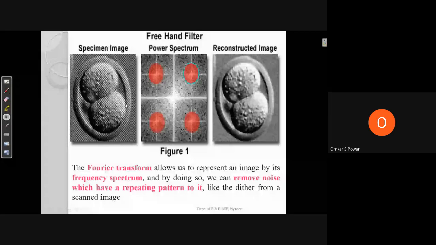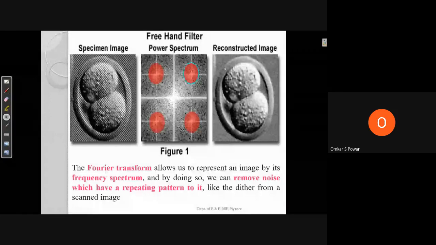In this FFT, there are components which I have marked in red, which are not required. With the help of filtering techniques, I will remove these. If I remove them, I will get the reconstructed image as shown in figure 3. So this is the important application.